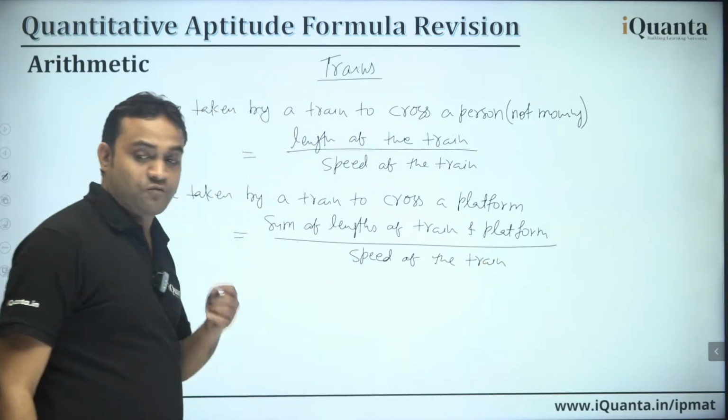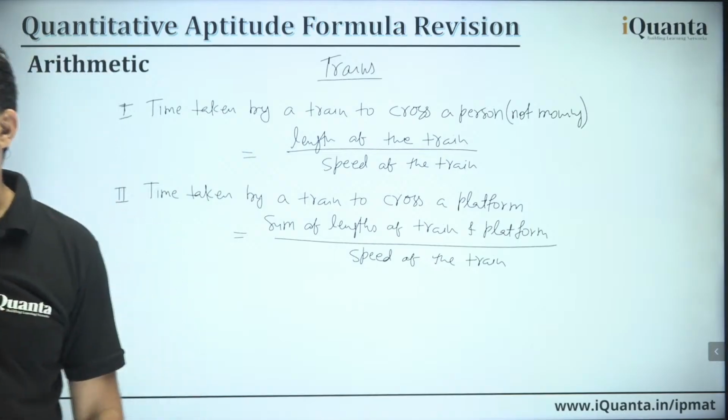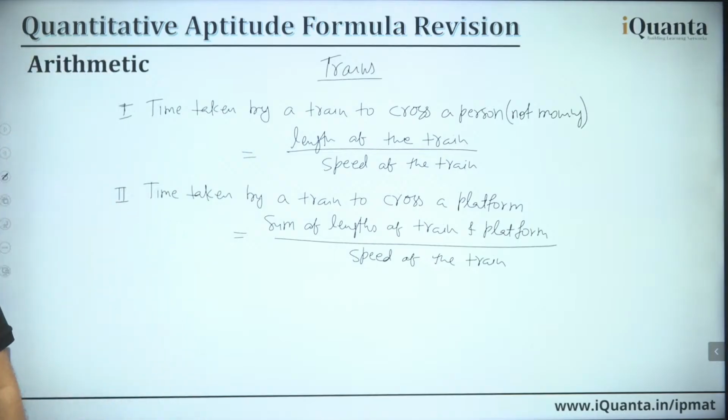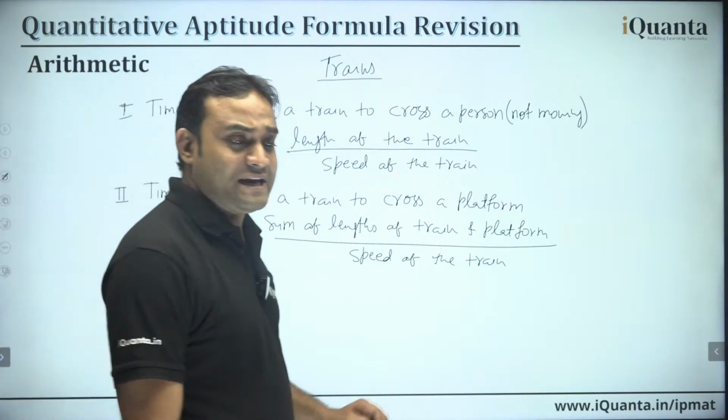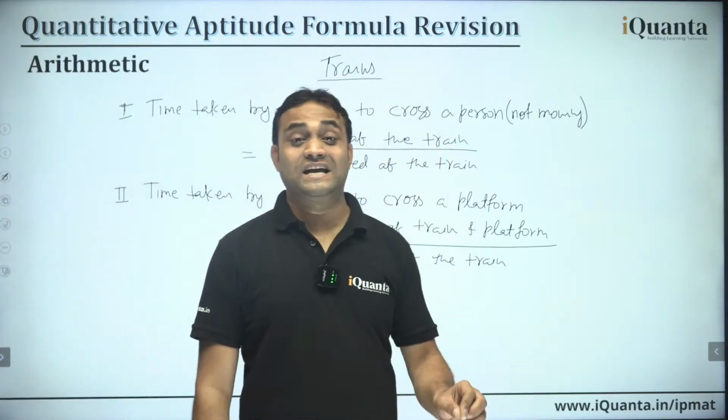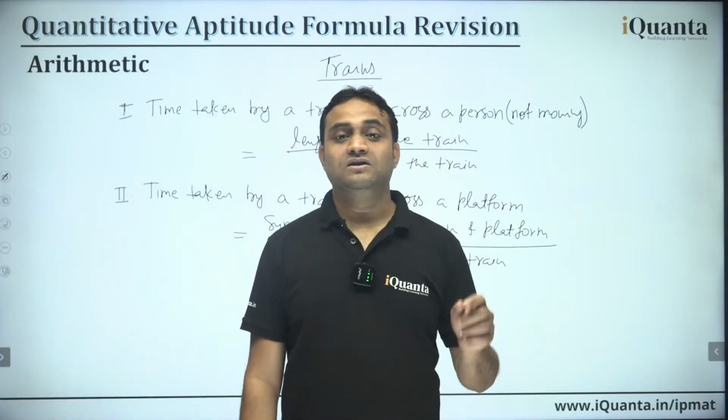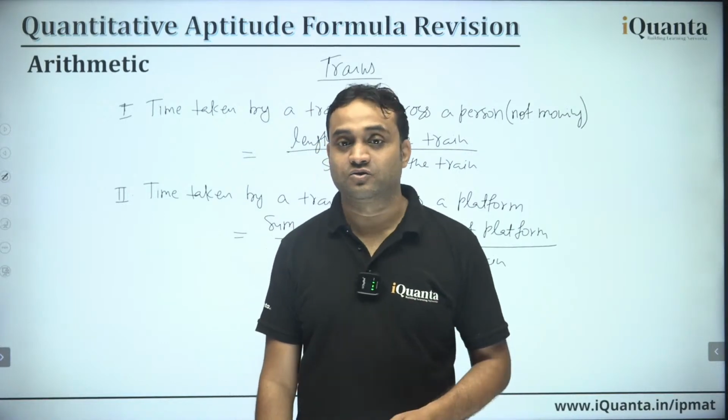This is how you find the time taken by a train to cross a platform or a tunnel or anything which has some significant length, anything whose length is mentioned in the question.